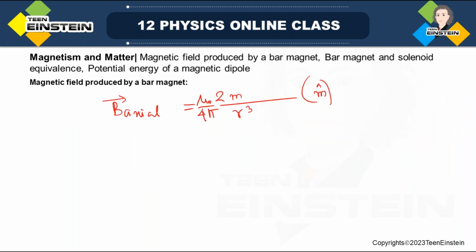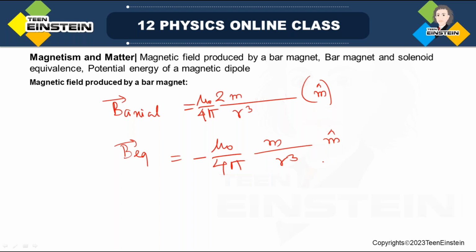So I can write for the equatorial point, vectorially, first of all half of this: mu 0 by 4 pi, m by r cube, with a minus sign, m cap.